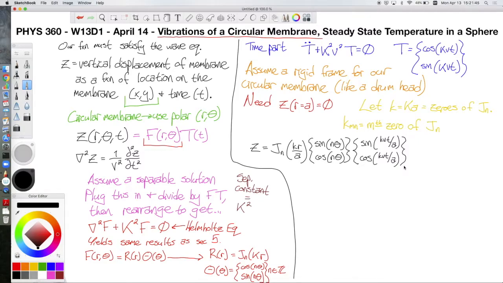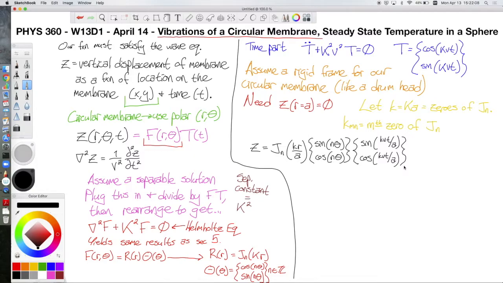One of the things we could do here to proceed is, like we did for the one-dimensional string, we could specify the initial conditions of this membrane. Maybe some initial velocity function representing an impulse delivered to this drum head at time t equals 0, or we could specify the displacement at t equals 0 and release our system from rest at that displacement.